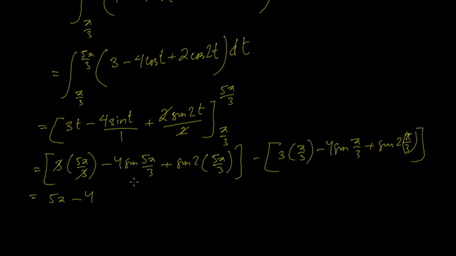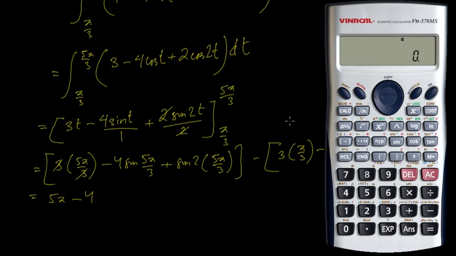Now sine of 5 pi by 3, we can bring out our calculator. Pi means 180 degrees, so pi by 3 means 60 degrees. So 5 into 60 degrees is 300 degrees. So sine 300 degrees is minus 0.866. 0.866 means square root of 3 by 2.